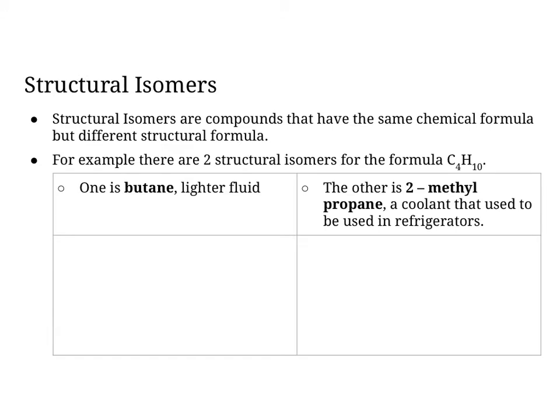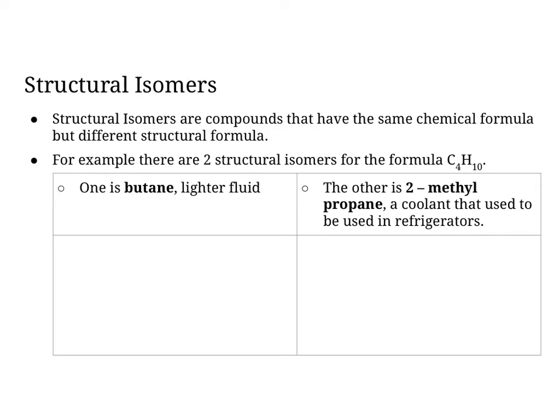Now, to define structural isomers, structural isomers are compounds or structures that have the exact same chemical formula but a different structural formula. For example, the compound C4H10 has 2 structural isomers.